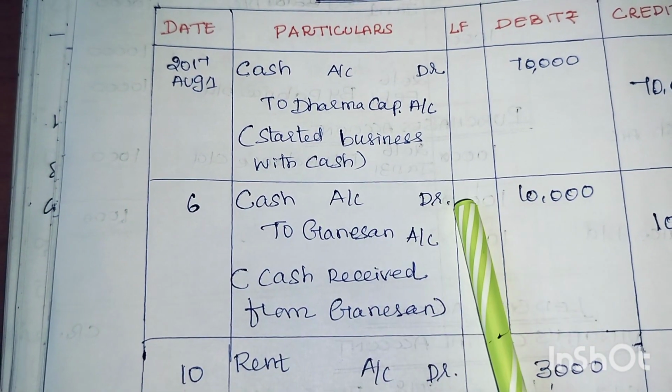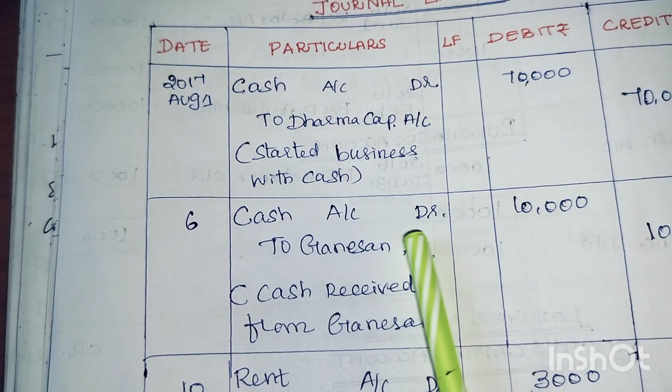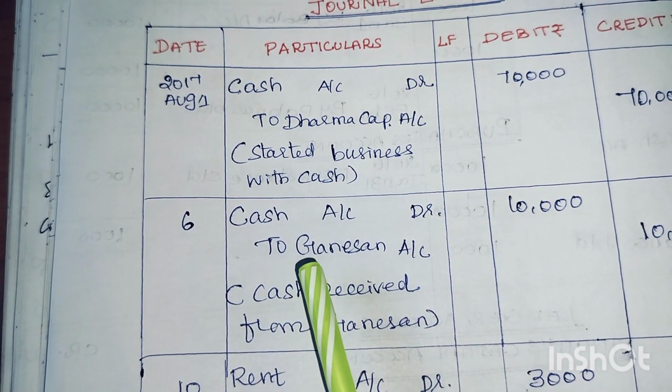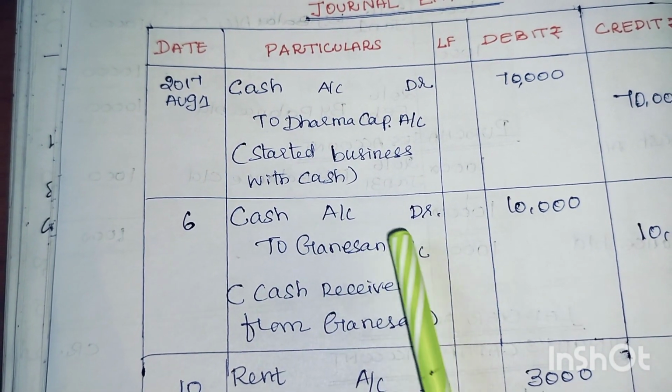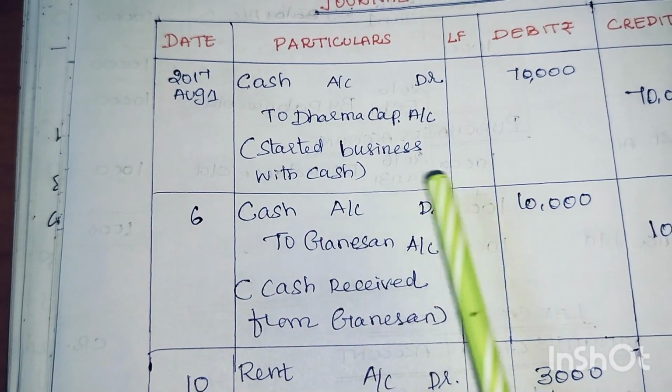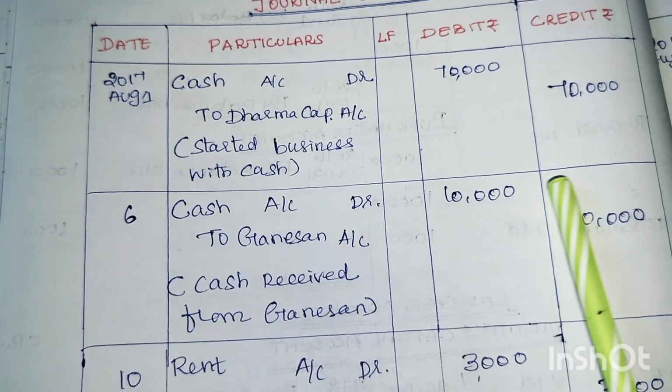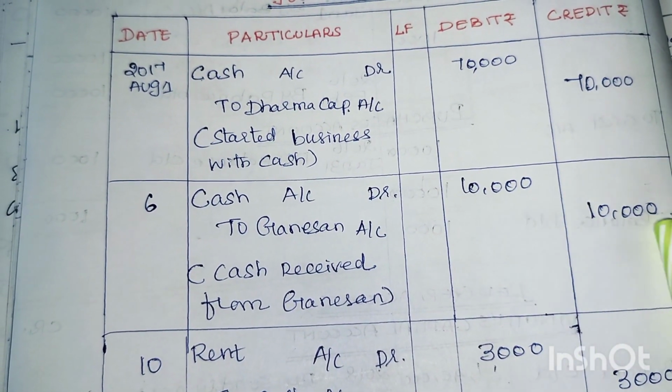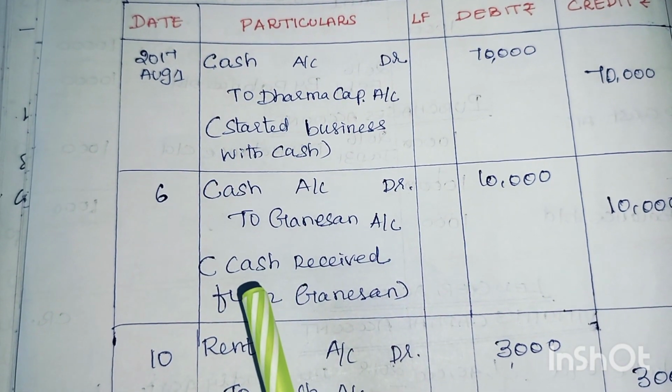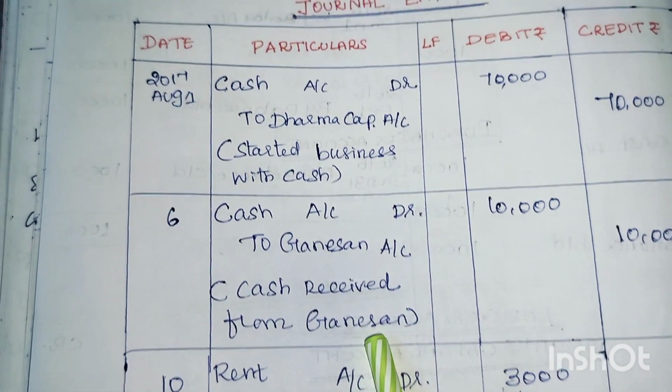So cash account debtor. To whom? Cash received from Ganesan. So to Ganesan account. The journal entry is cash account debtor to Ganesan account, 10,000 rupees debited and credited. Then the narration is cash received from Ganesan.